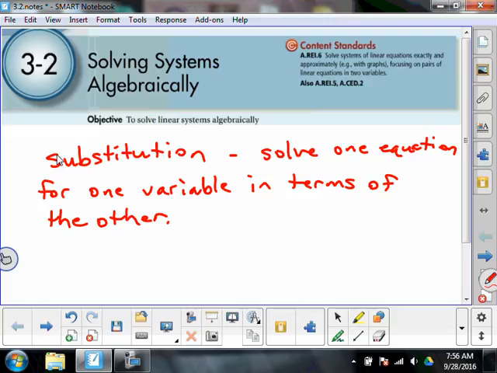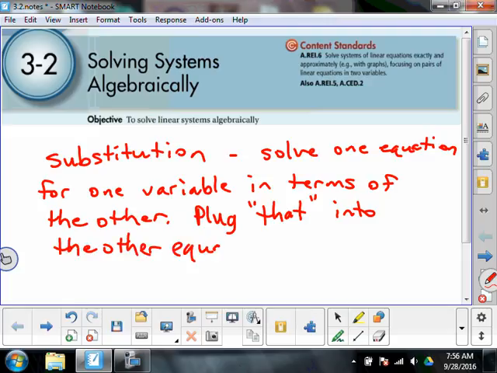So then we're going to plug that, and you'll see why I put it in quotes, into the other equation. The idea is it's hard to work with two different variables. In Algebra 1 and pre-algebra, you learned how to solve equations that had just x's in them. But you throw x's and y's together, and it's virtually impossible to solve.